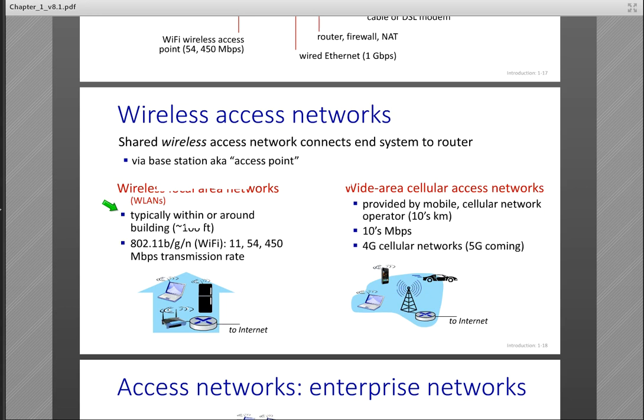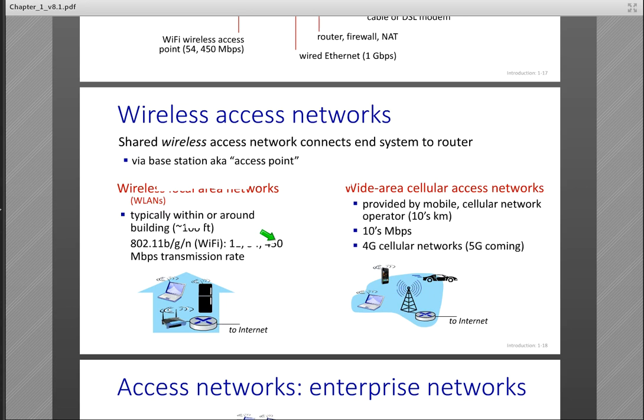WLAN has a communication range of 100 feet, something near 30 meters, 30 to 40 meters, and outdoors maybe up to 100 meters.